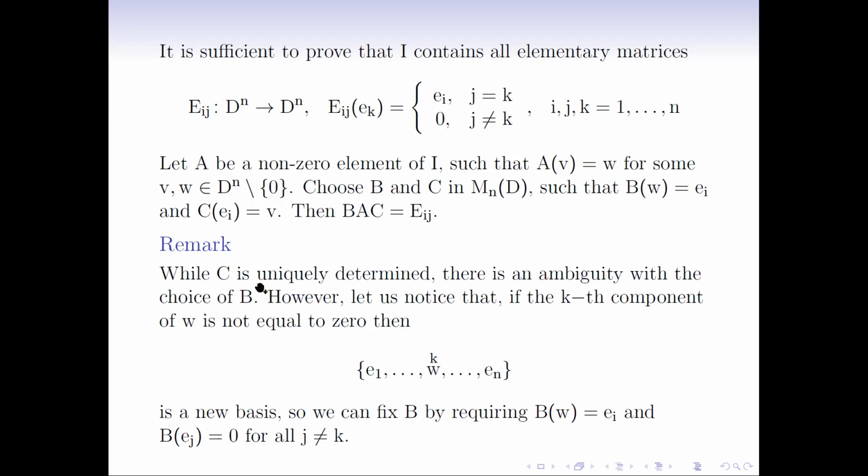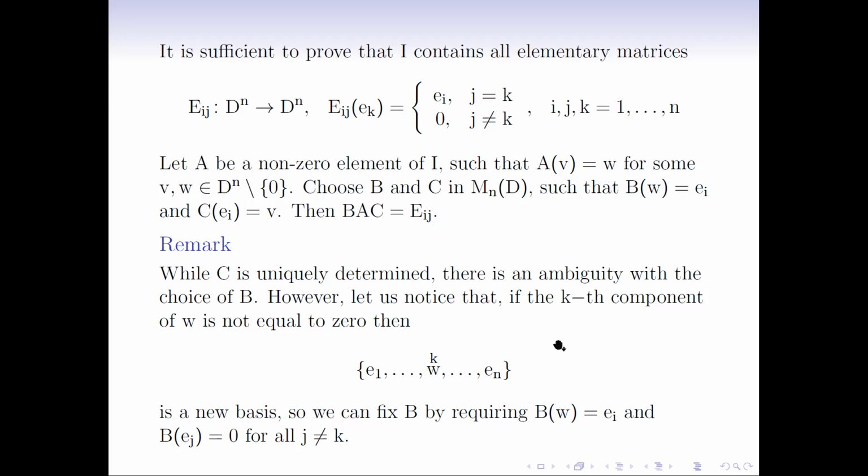So let's remark that C is uniquely defined, because C is defined such that Ce_j equals v. But B is not, because we require that Bw equals e_i, when w is not an element of the basis. Here we just say that C applied to the basic vector e_j equals v, otherwise it's 0, so it's uniquely defined.